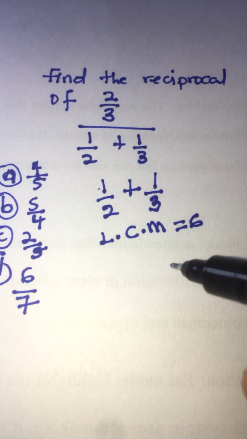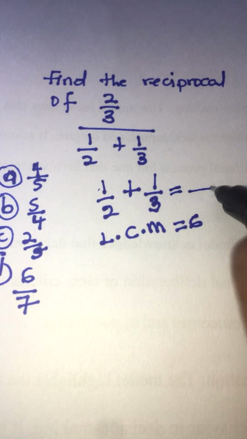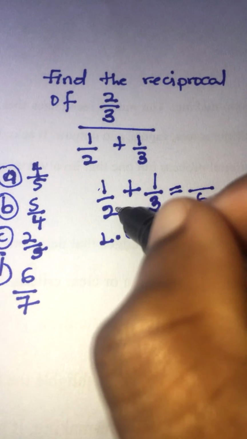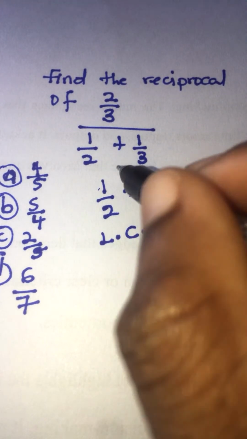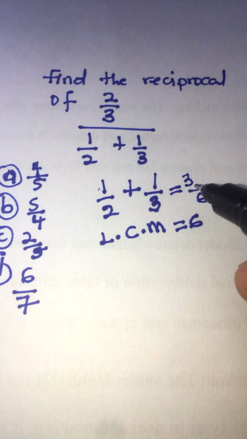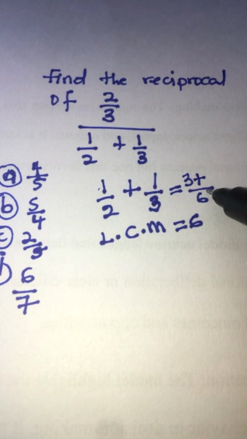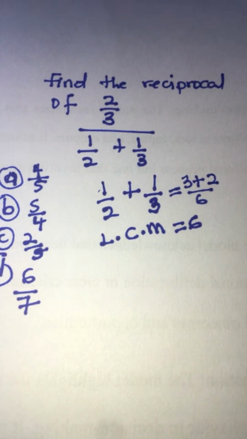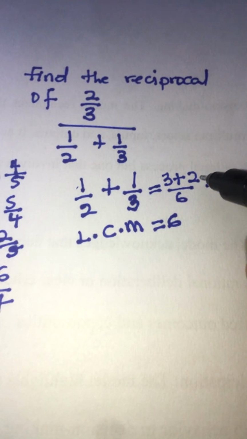So for the LCM of 6, 2 will go into 6 3 times, and 3 times 1 is 3. 3 will go into 6 2 times. 2 times 1 is 2. And that will be equal to 2 plus 3, which is 5, divided by 6.